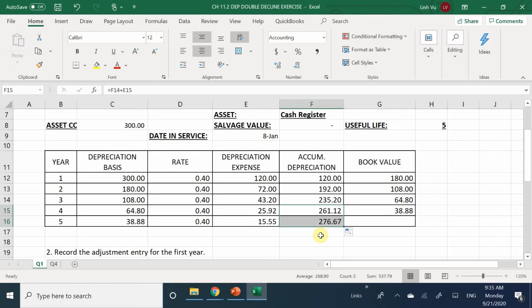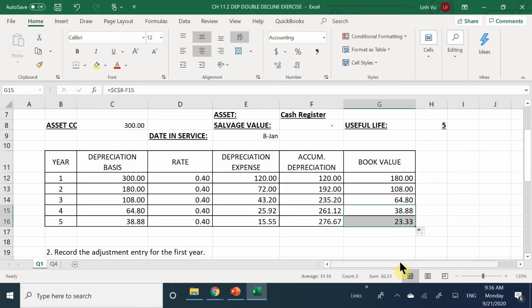Okay, I'm sorry. No worries. So in this case, I have 276.67. And then lastly, my book value is going to be 23.33. So notice in this example, right?